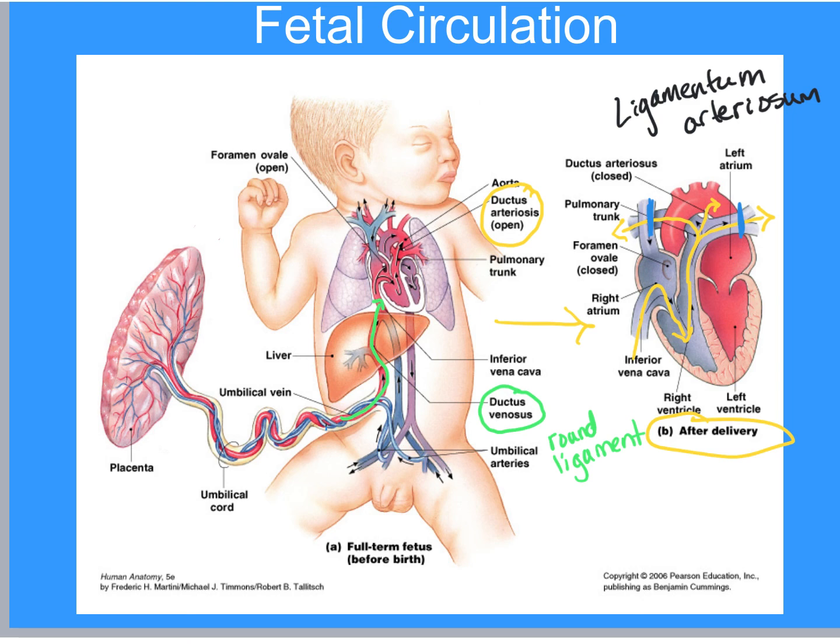One other modification that we find in the fetal heart is a passageway between the right atrium and the left atrium. So let me erase some of this so it's clear for you all to see. Again, I'm drawing on the infant's heart just after delivery, not over on the left as it is in the fetus, but only because this picture on the right is bigger and it's easier to see.